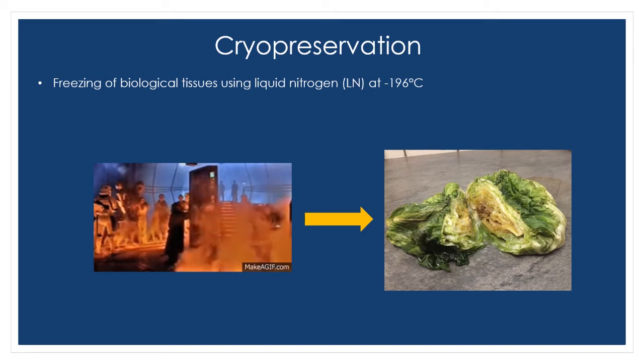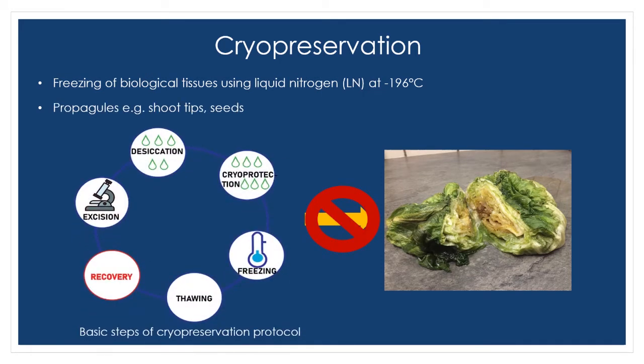This process generally involves a few different steps, from excision of the material to be used, desiccation, cryoprotection, exposure to liquid nitrogen, thawing and recovery. We're going to walk you through the steps of this process and explain how each step helps our plant material to survive cryopreservation.